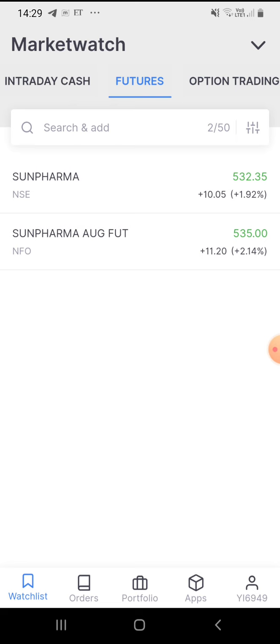The basic idea is, if our calculation is that Sun Pharma will go up, then what will we buy? Call option. If our calculation is that Sun Pharma will go down, what will we buy? We will buy put option.